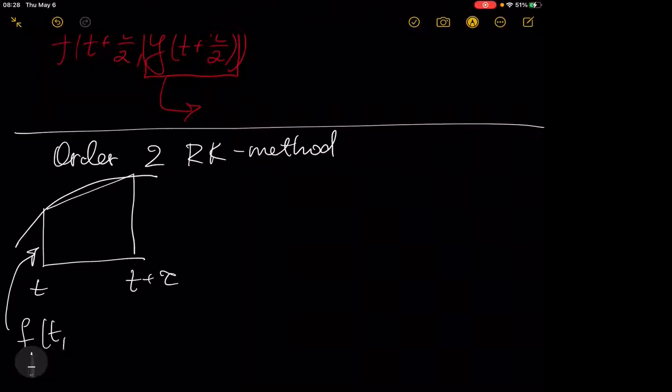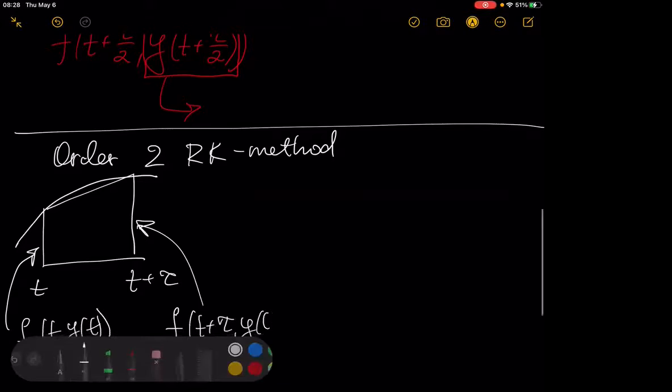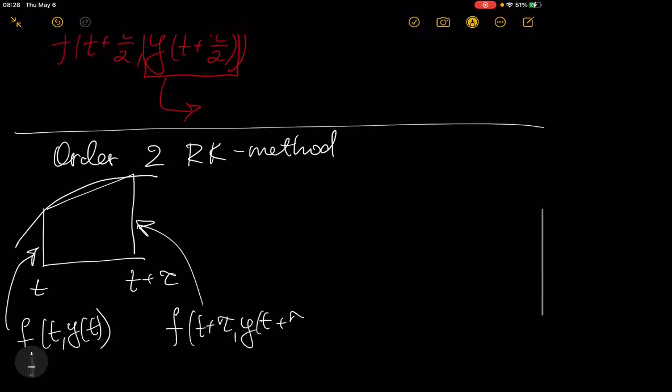This information you have for the right hand side, but here you need to know f of t plus tau, y of t plus tau. But this is exactly what you're trying to estimate, right? So this is why instead of that, you use an approximation.